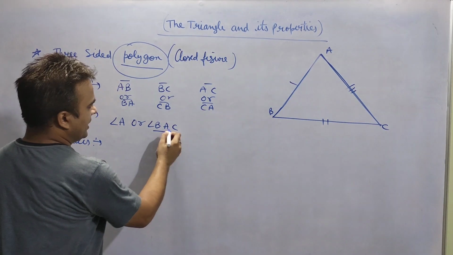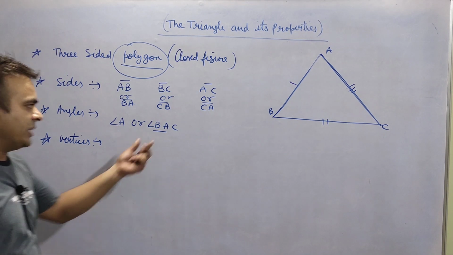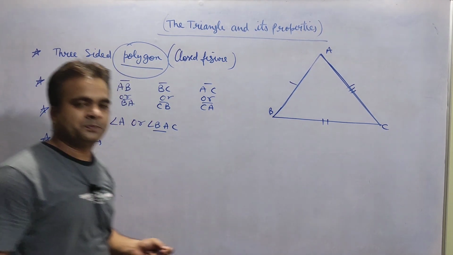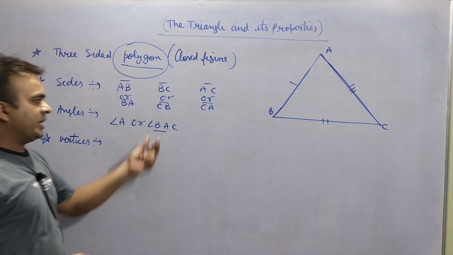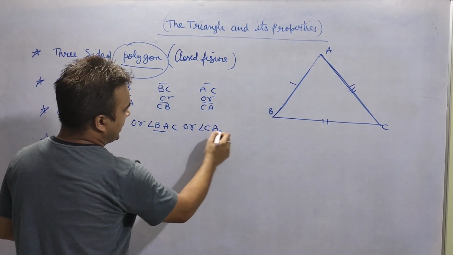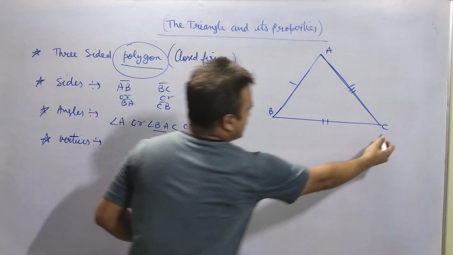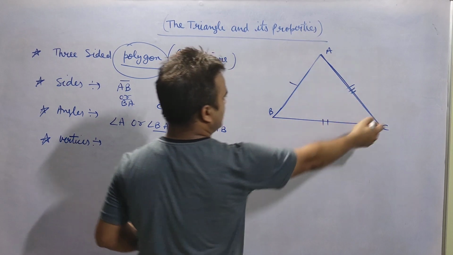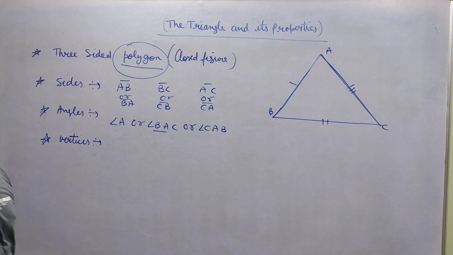So this particular presentation will tell you the arms of the angle, right? And we can represent it by angle CAB. You can say it in this way also, CAB or BAC, or you can say angle A.